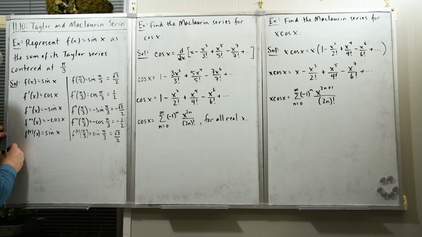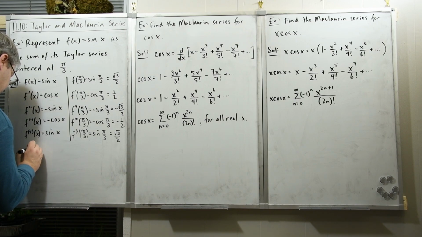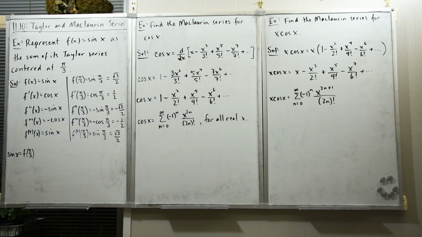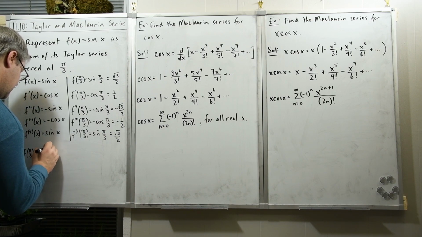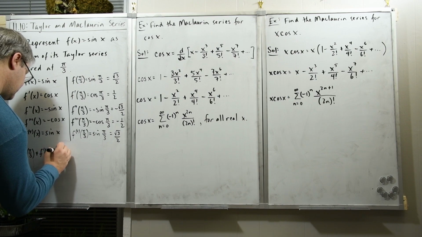And so our sine of x is equal to, well, keep in mind what we're going to get here for the Taylor series centered at pi over 3. The first term is f of pi over 3, and then we're going to have f prime of pi over 3 times x minus pi over 3.